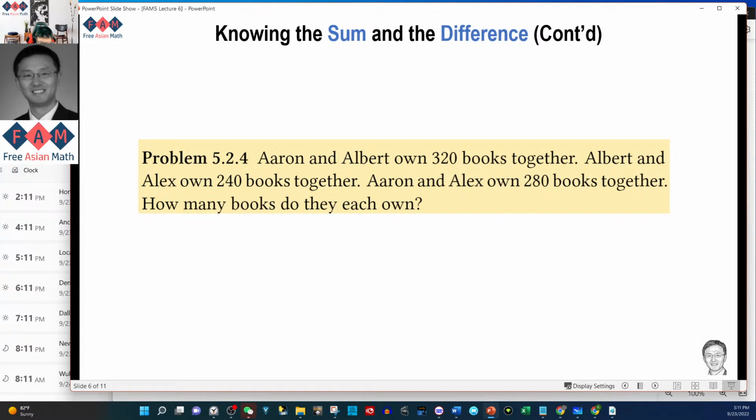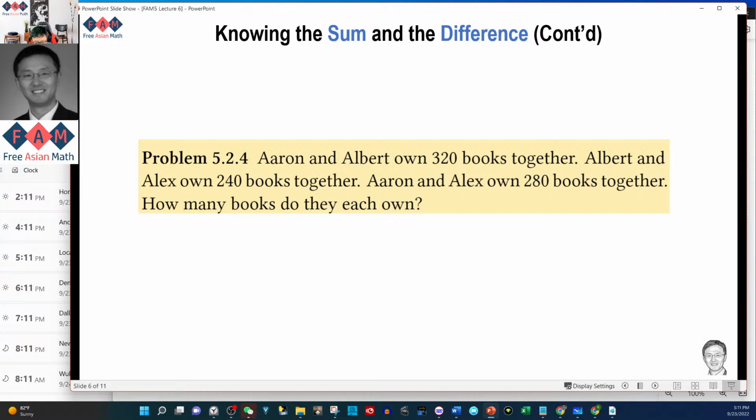But if you think carefully, let's just say between the first number and the second number, what is it? The first number, 320, is the sum of Aaron and Albert's books. The second number is the sum of Albert and Alex's books.